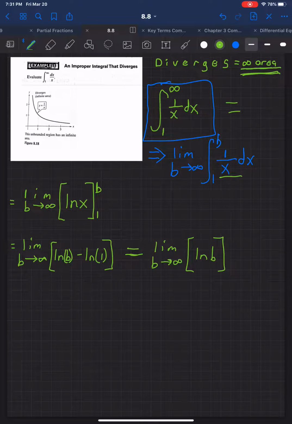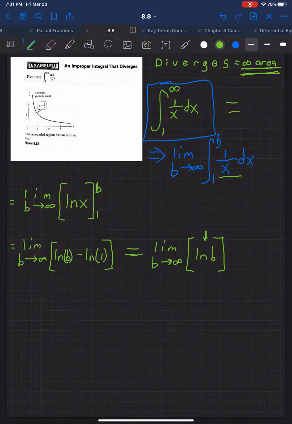All right. So what are we looking at here? Well, look, if you start plugging in larger numbers for ln, the output is going to continue to be larger numbers as well.